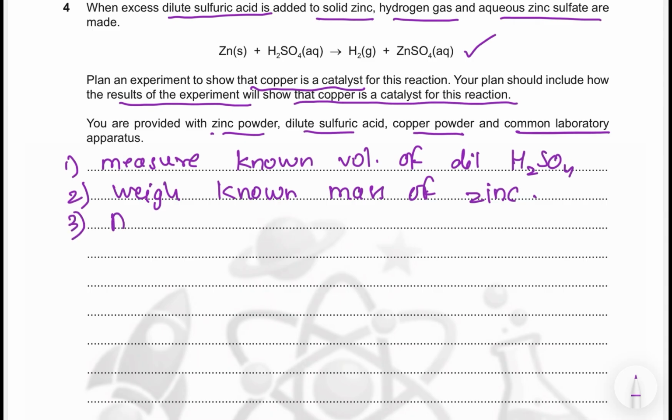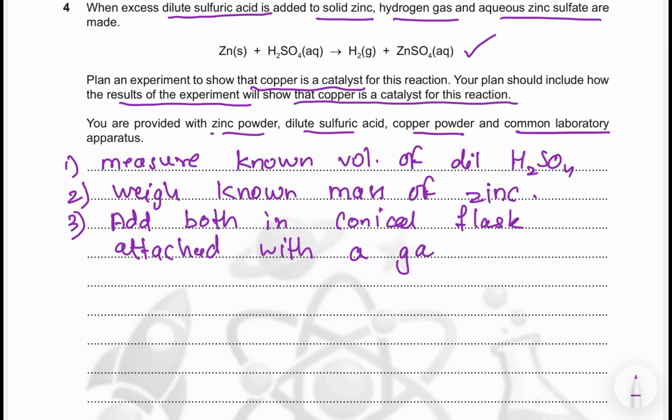Then add both in a conical flask attached with a gas syringe. Collect hydrogen gas in the syringe.